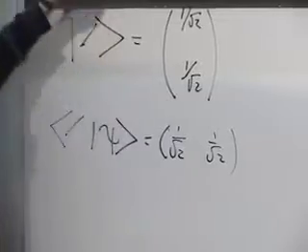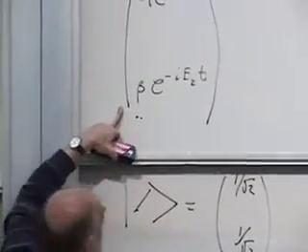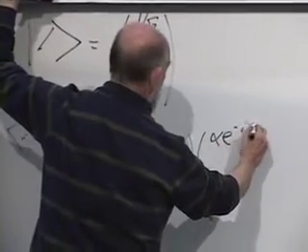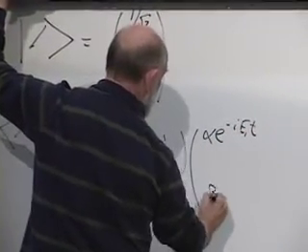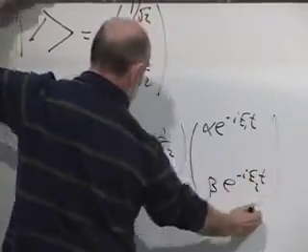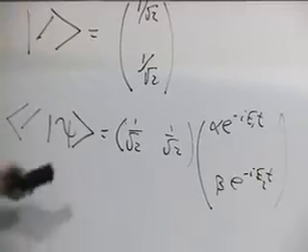On the other hand, after a time t, we have alpha e to the minus i E1 t, beta e to the minus i E2 t, and we have to take the inner product of those. This is very simple.